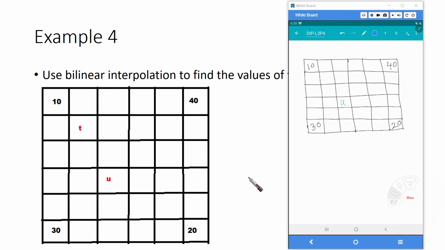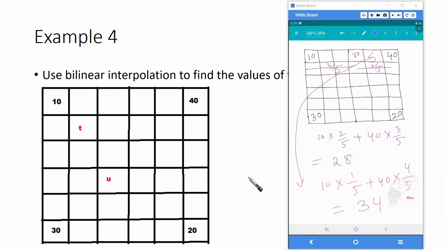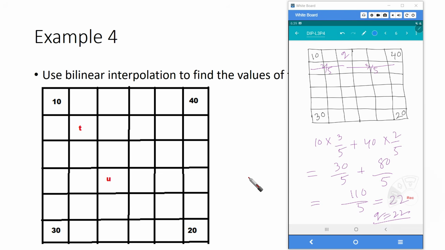We have to calculate this value and this value first. If you remember, the value of this one is the r value, right? This p, and this q value, if we go back, this q value was 22.